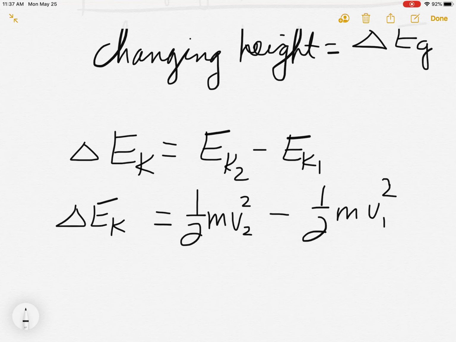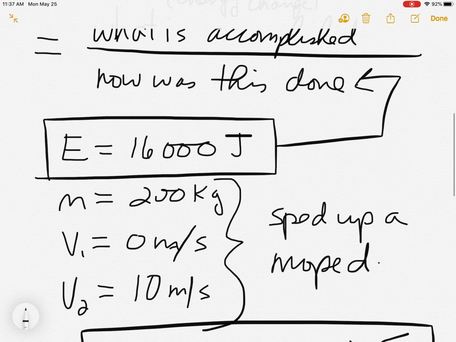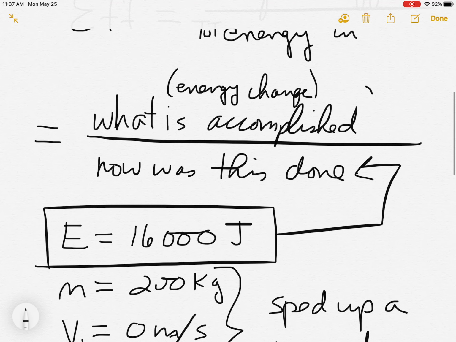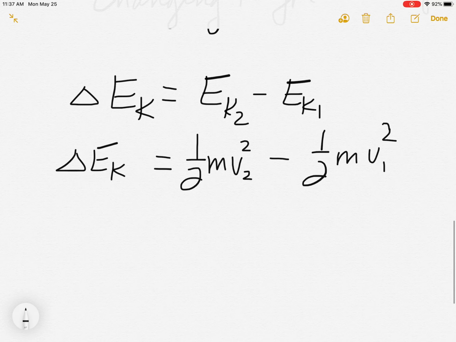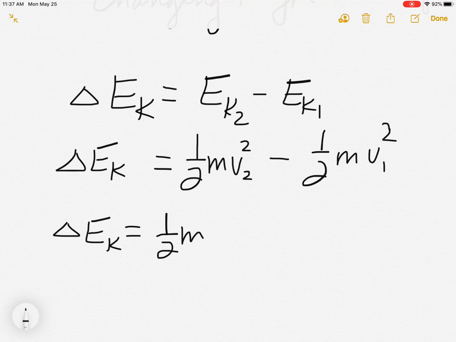That's the change in the kinetic energy. That's essentially what we accomplished. It's the top of this expression. And so let's look at it. Well, we can simplify this a little bit before we dive into the math. We can pull out this 1/2 and this m as a factor and get this.